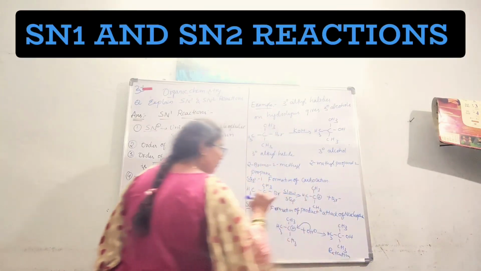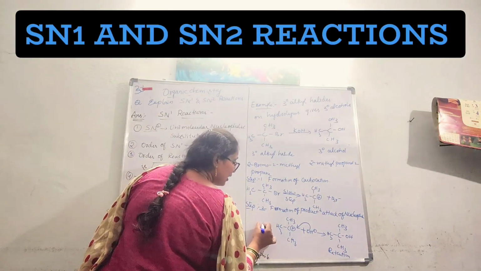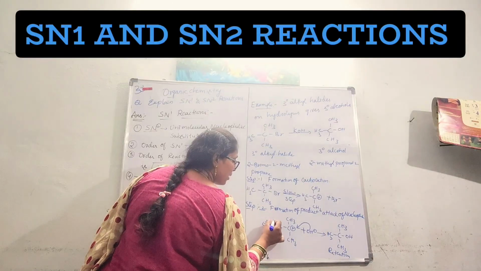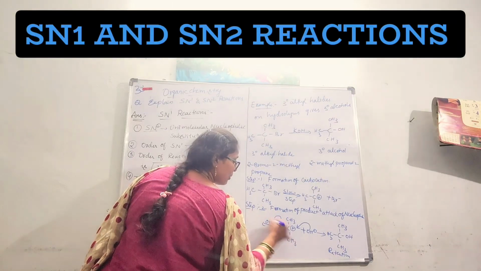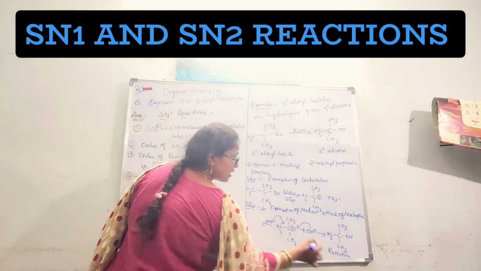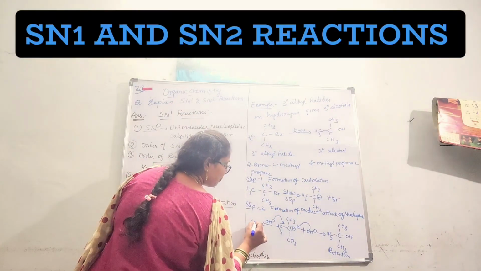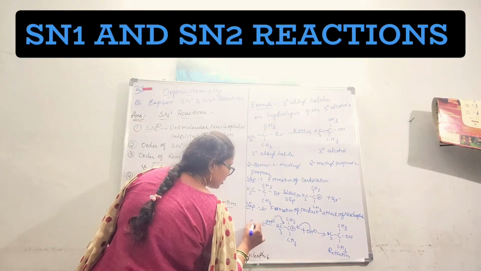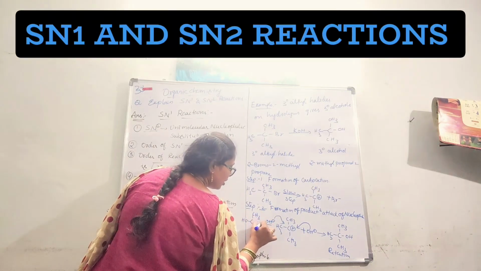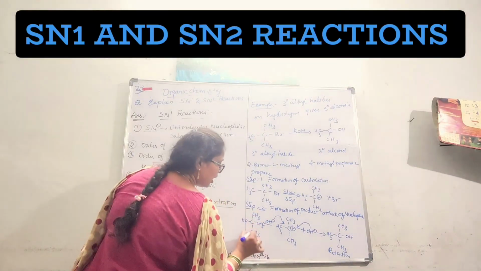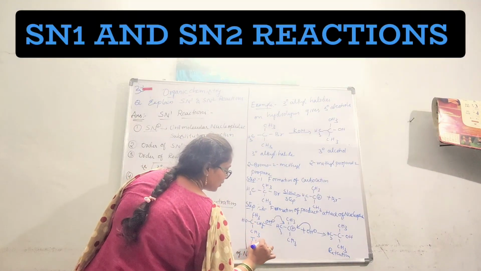Now in another way, OH minus will attack from the back side. So front side means we can get retention, and back side means we can get inversion.